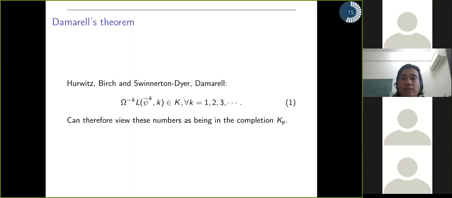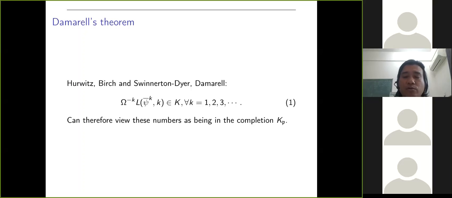Now let me give you one more input which is needed, which is this theorem of Damerell. Hurwitz, Bertrand, Newton, Dyer all proved this in special instances, and then Damerell also proved that these numbers, the L function of psi bar raised to the power of k evaluated at k, divided by some kind of period, are all numbers inside K. This Omega is going to be an analog of 2 pi i.